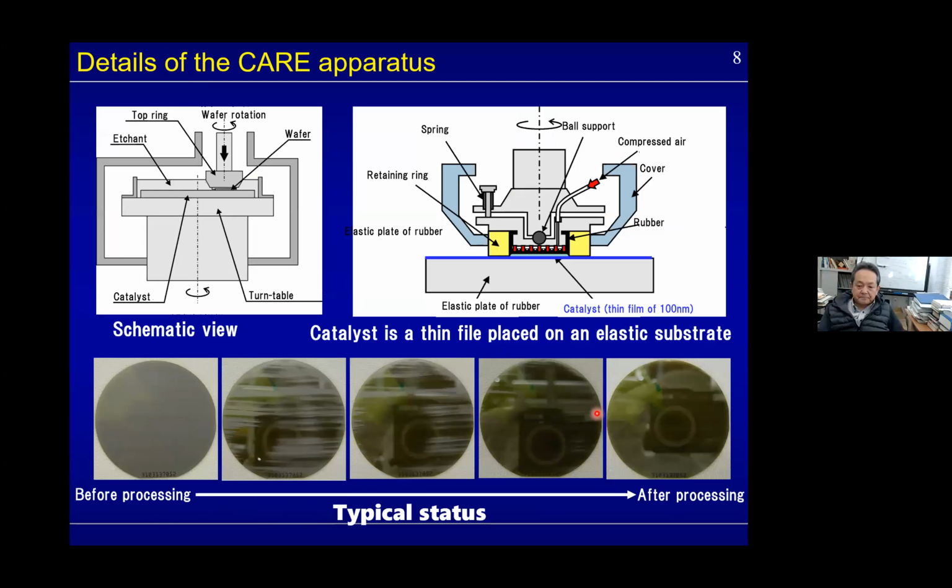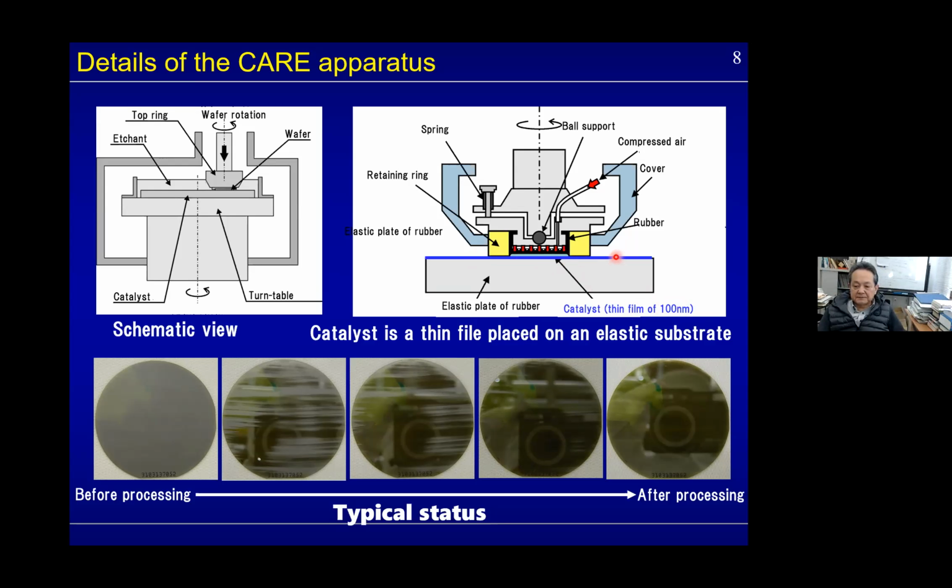And these are the details of the apparatus. As you can see here, wafers here, and this is a catalytic plate. And this blue line is a catalyst. It's a very thin metal film with a thickness of less than 100 nanometers.